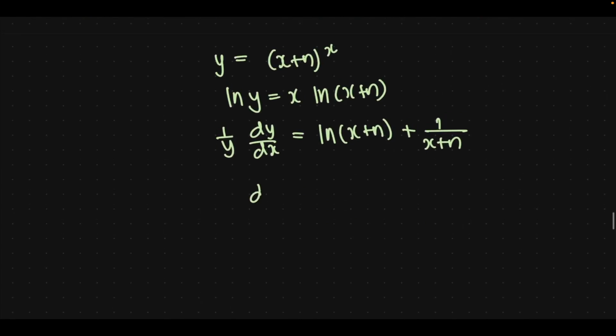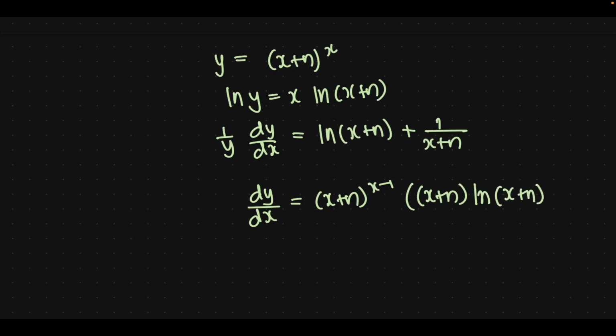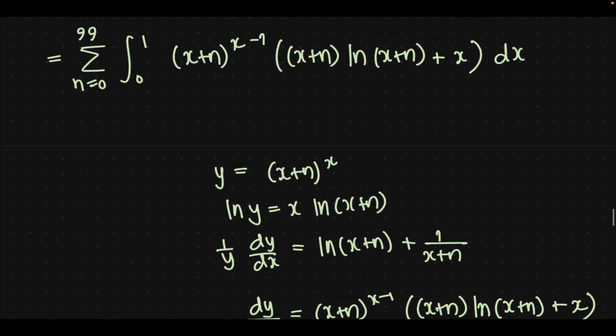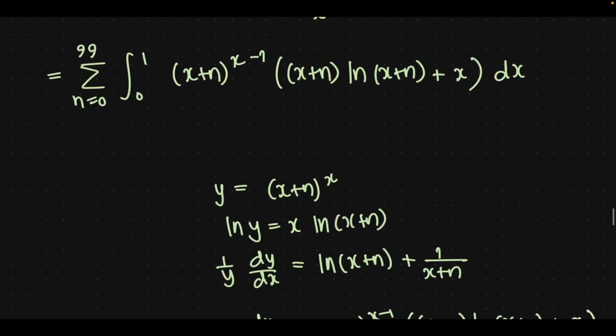So dy over dx is (x plus n) to the x minus 1 times (x plus n) ln (x plus n) plus x, which is exactly the term we have here.